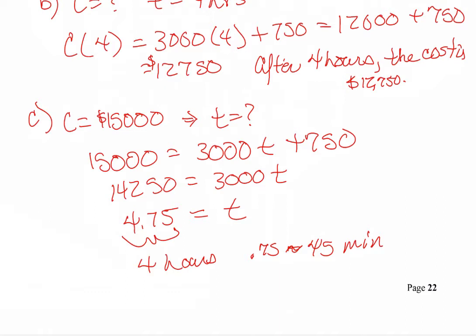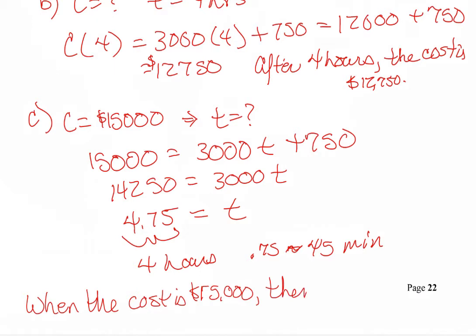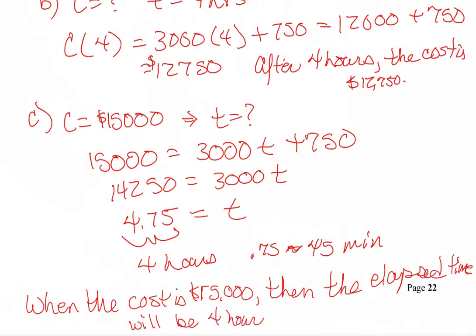So when the cost is $15,000, then the time elapsed, or the elapsed time, will be 4 hours and 45 minutes.